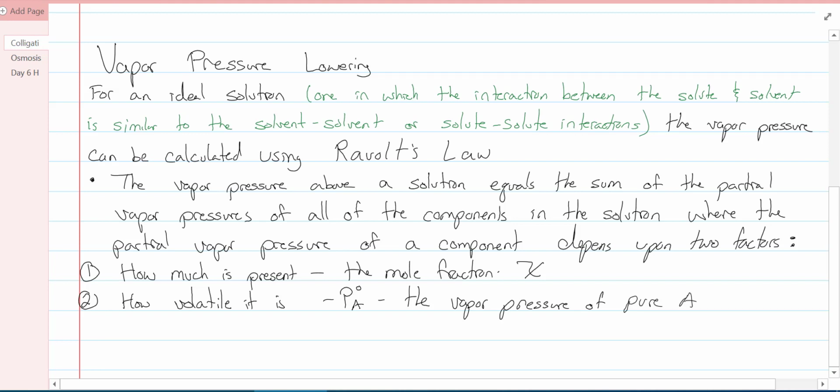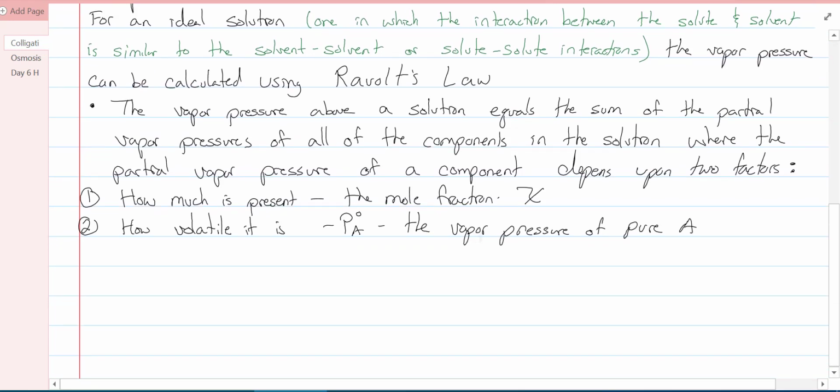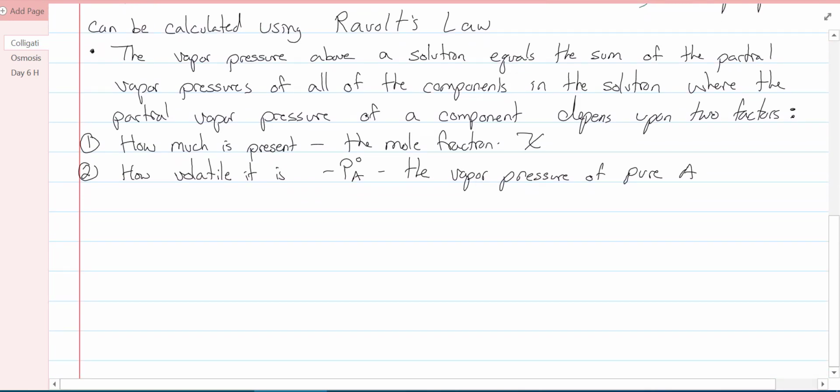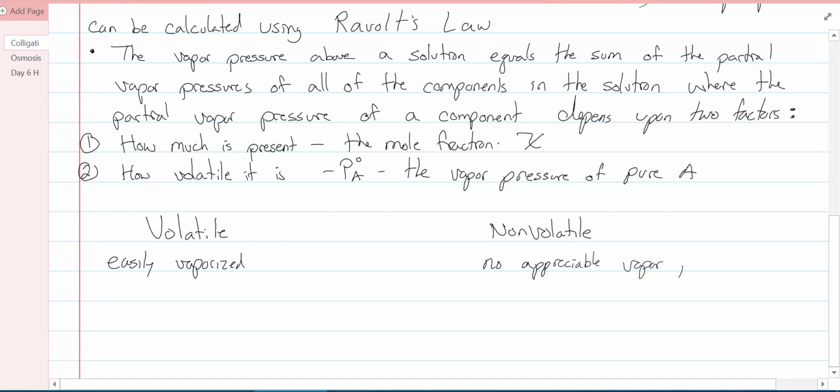Right? So what is volatile? There are two terms that were introduced: volatile and non-volatile. Alright, what's the difference? Volatile is easily vaporized, and non-volatile has no appreciable vapor pressure.